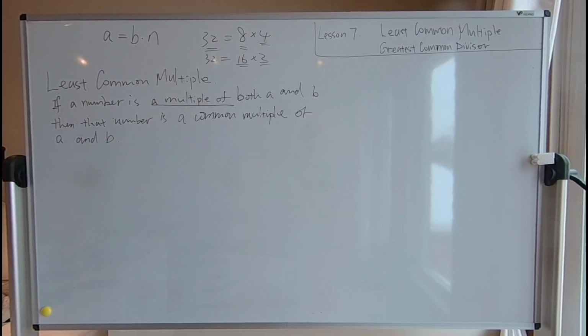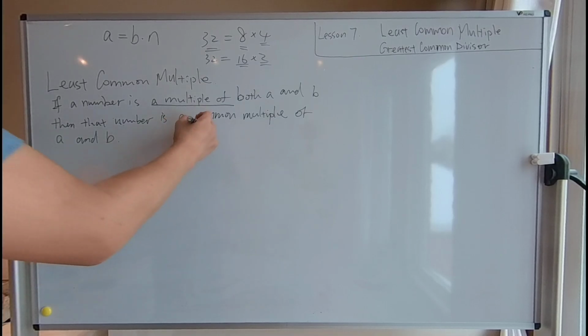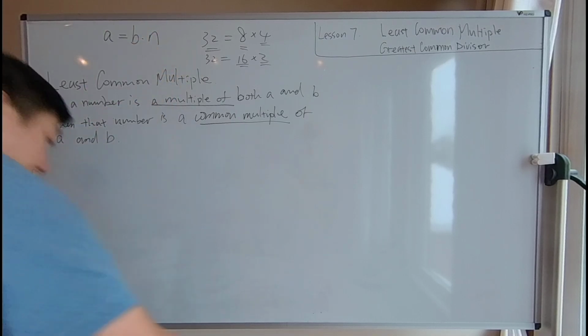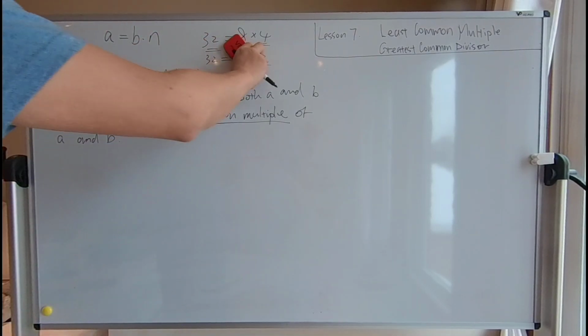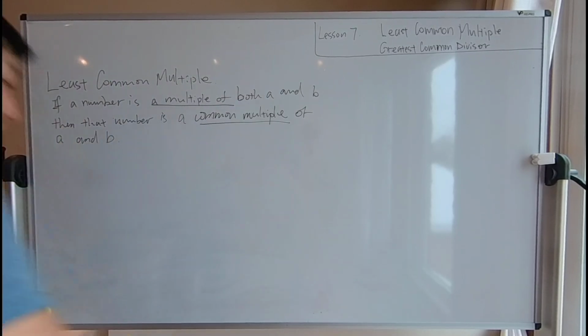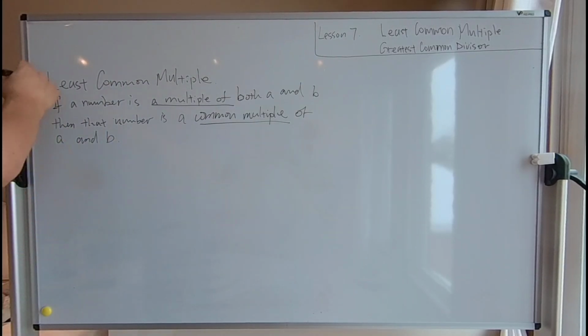Right, so up to here we define what is a common multiple. Basically, you have the common number that comes from multiplication of integers.